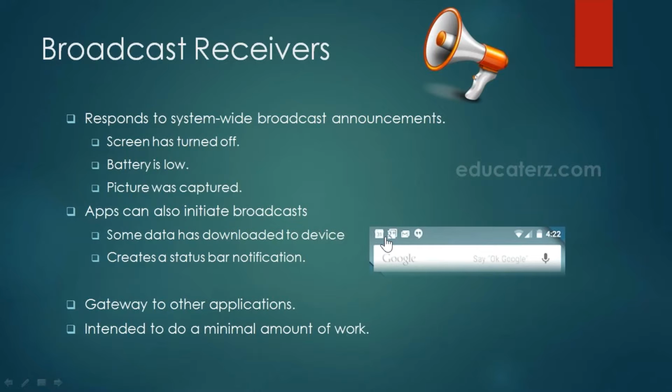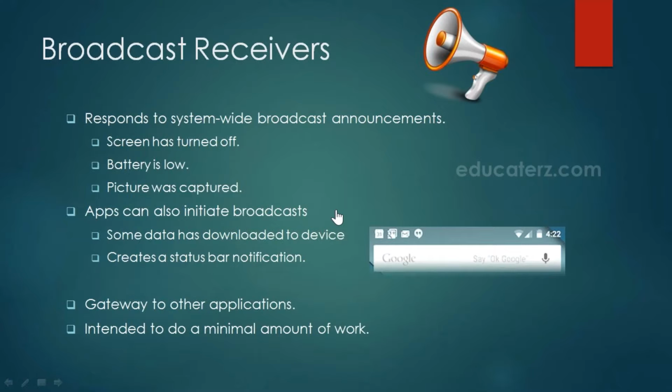This is for calendar, this is the icon for Google Plus, this is for your Gmail, and this is for your Google Hangout. The broadcast receivers are the gateways to other applications. Scroll down and choose a particular notification, and it will redirect to that application. This is intended to do a minimal amount of work to start another application.